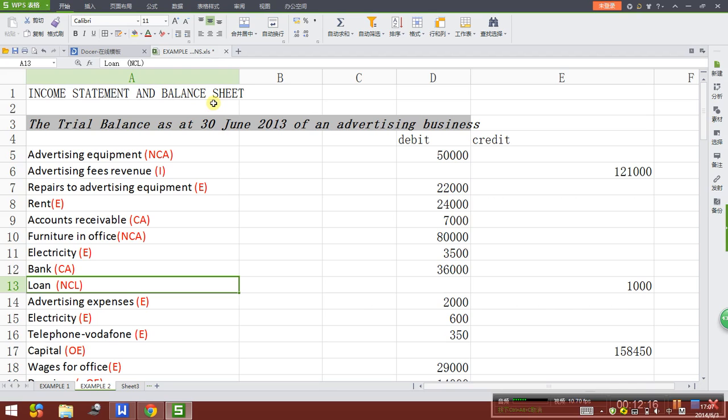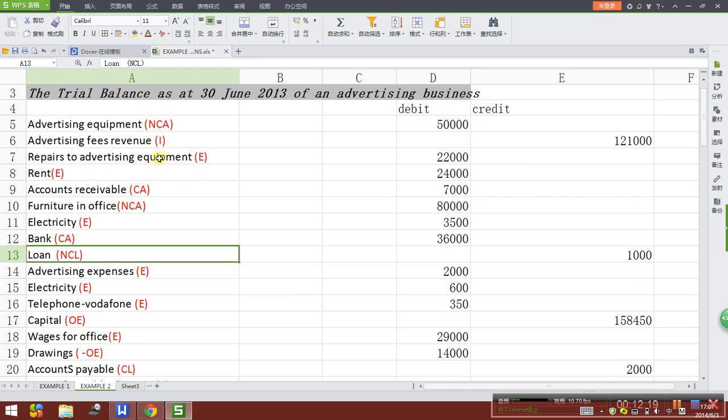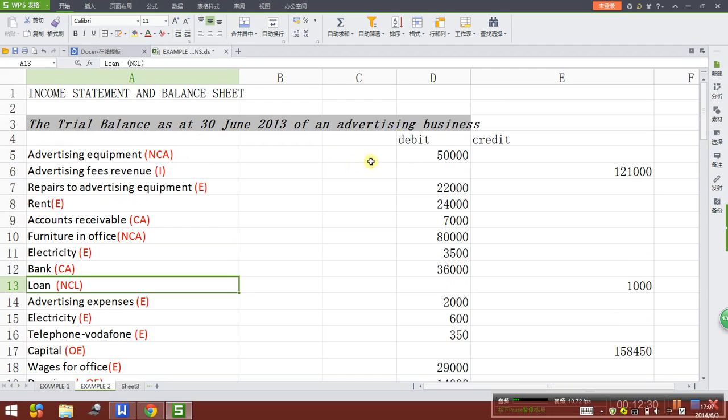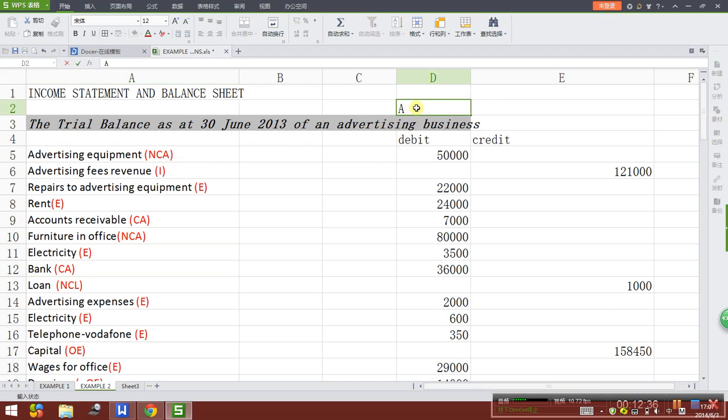So in the trial balance, we must figure out which account all the information belongs to. We already know in this side we have asset and expense. In credit side we have the liability, owner equity, and the income. So I'll put the red characters and the information to highlight which account they belong to.